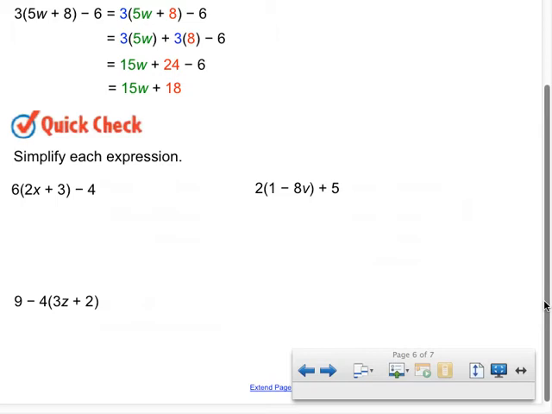I'd say this first one's the easiest one. This one's a little bit more difficult. The last one's a little bit more challenging just because there's some negatives in there, okay? And that does something with the signs.